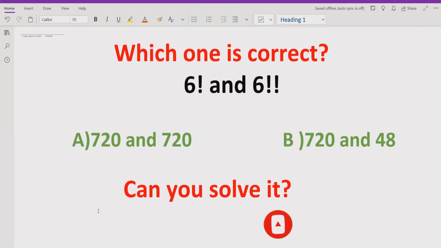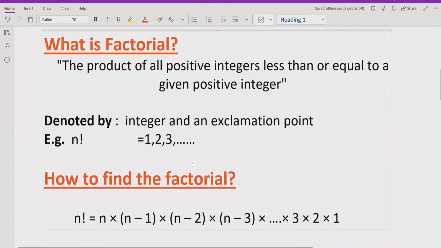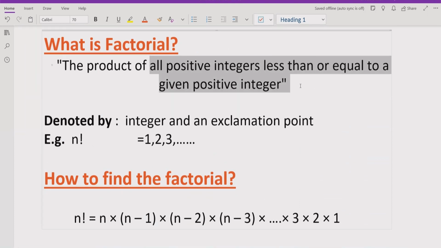Now, let's start the topic. Before starting the solution, we have to know what factorial is and what double factorial is. As you can see on the screen, factorial means the product of all positive integers less than or equal to a given integer.